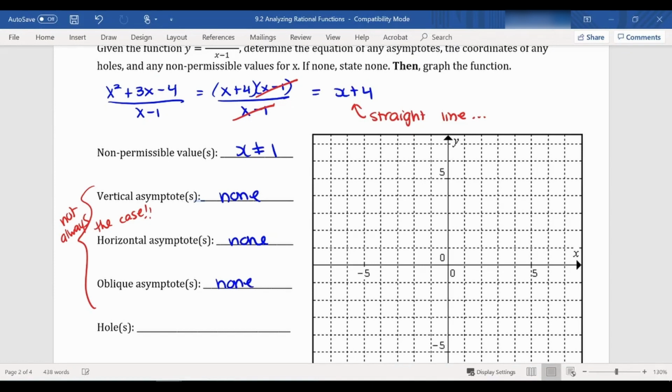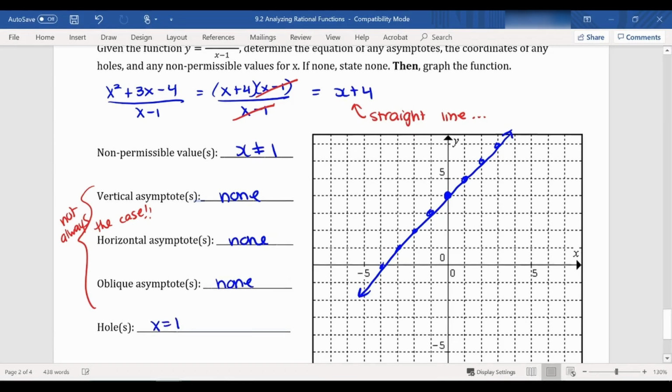So the most common mistake people make here is they draw their actual graph as an asymptote, which makes no sense. So if I'm drawing this graph, okay, I know it should be a straight line with an intercept of 4 and a slope of 1. That's what all x plus 4 is. We've got an intercept of 4 and a slope of 1. Now the problem is that I should have a hole at x equals 1.